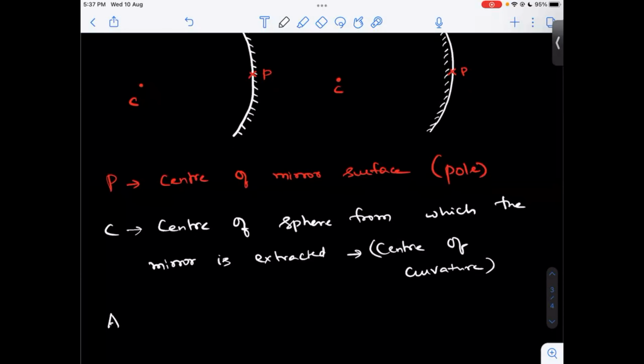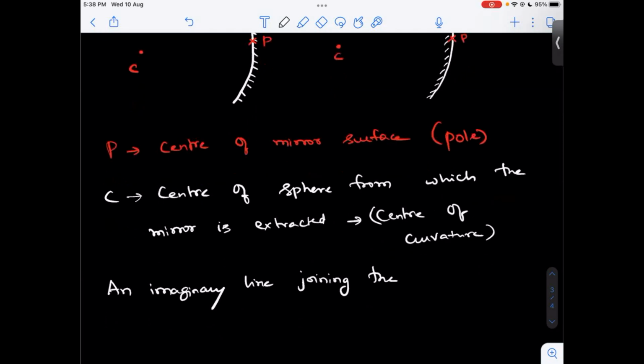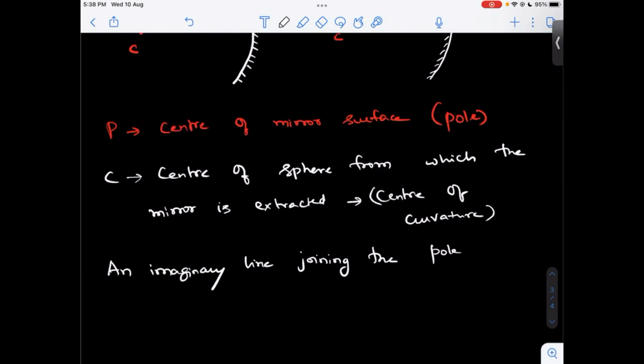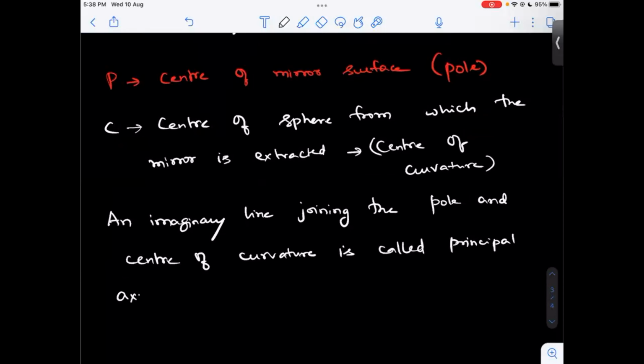Next is an imaginary line joining the pole and center of curvature, which is called the principal axis.